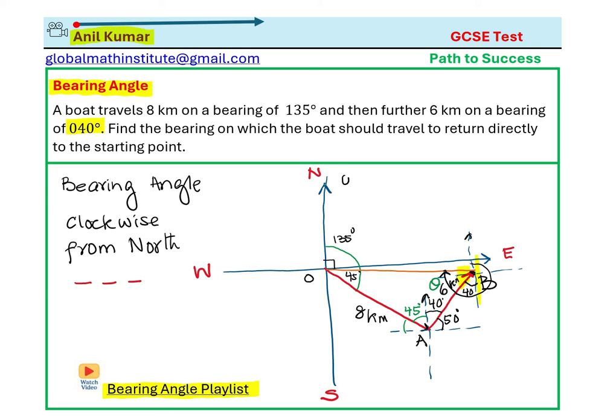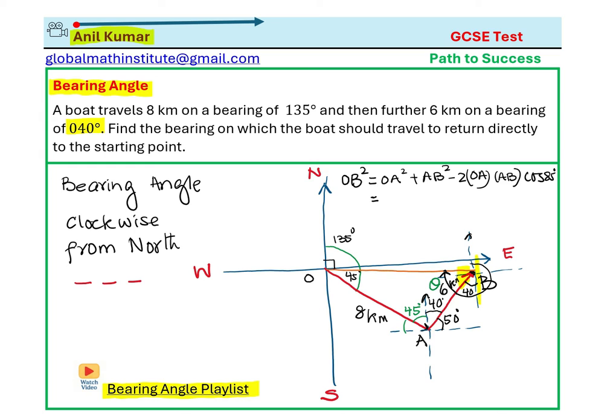So OB square equals OA square plus AB square minus 2 times OA AB cos of 85 degrees. Right? Let's calculate this value out.